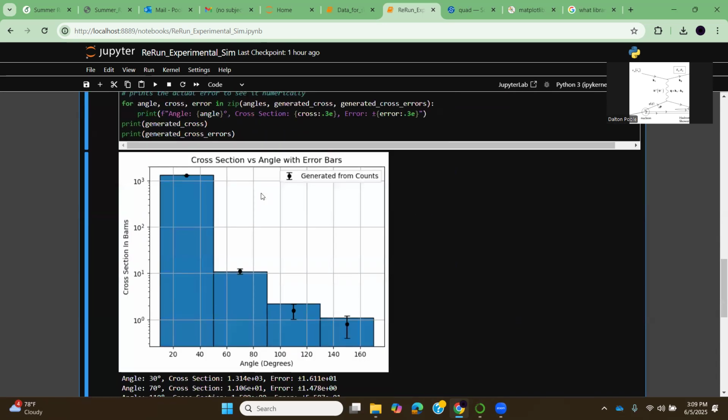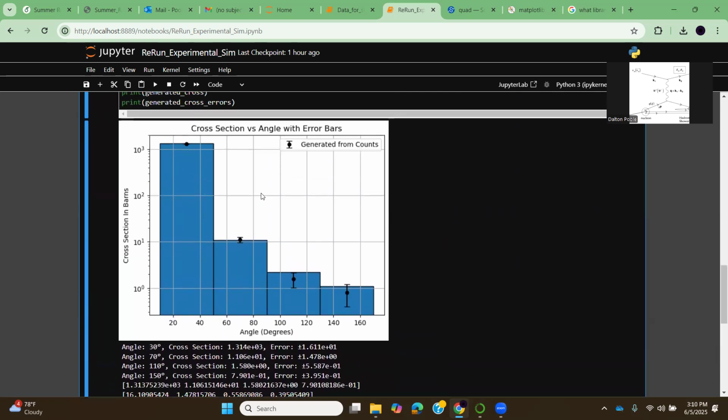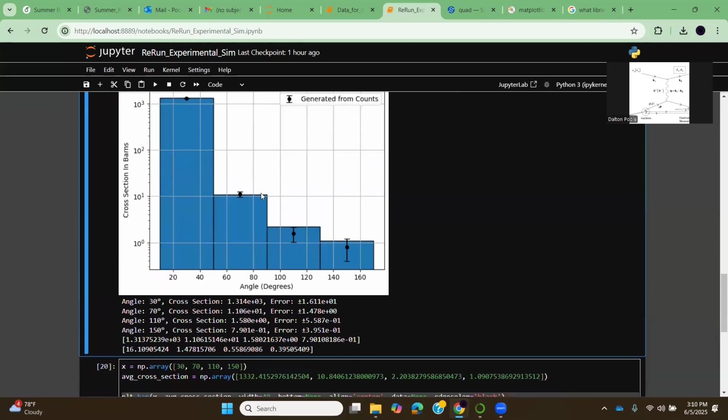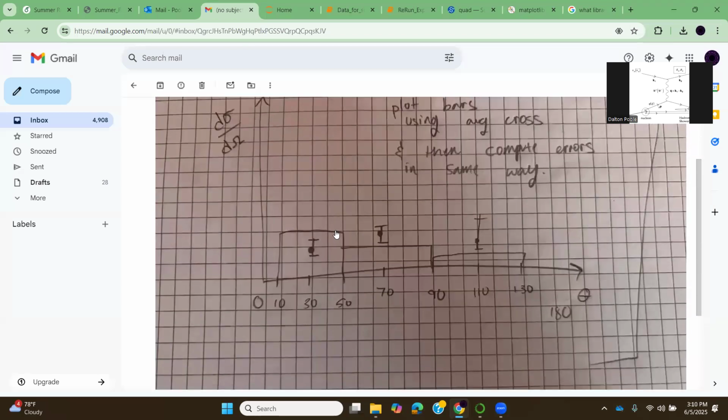Mean error. Okay, so sweet, sweet, sweet. Cool. Okay, I think this is correct, guys. I think this is what we need. So great. Cool. Yeah, I mean, that looks like the email.